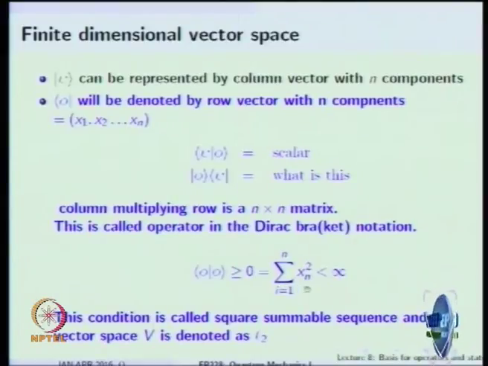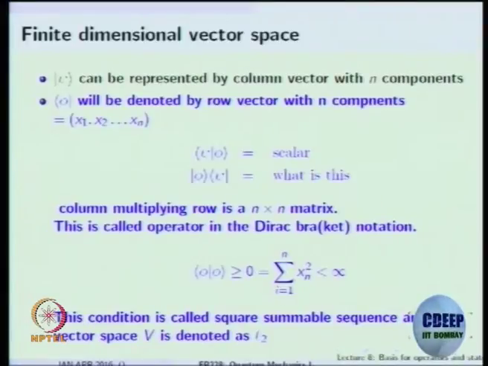If it satisfies this condition, and this collection of such square summable sequences, a set of states phi 1, phi 2 which belong to this vector space, if it has these kinds of square summable sequences, then you denote that vector space as L2.